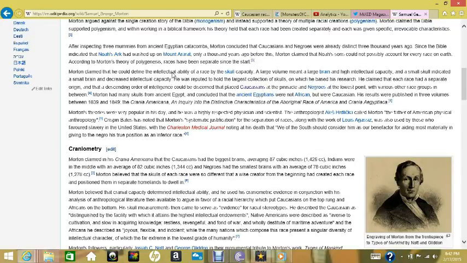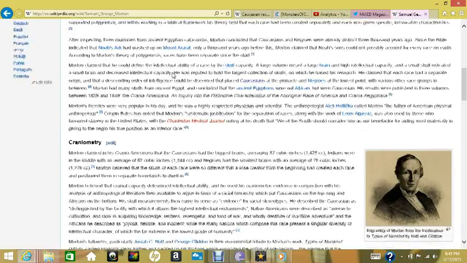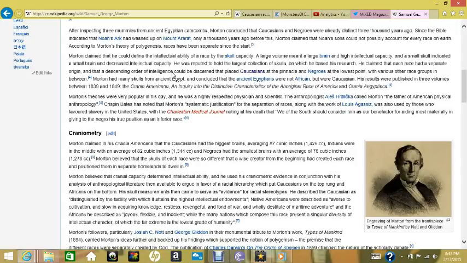Since the Bible says Noah's Ark was washed up at Mount Ararat only a few thousand years ago, Morton claimed that Noah's sons could not have been the source of every race, in opposition to the prevailing theories of Genesis. Race has been separated since the start.